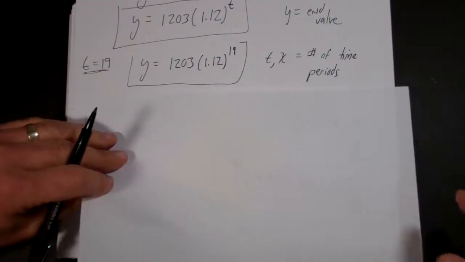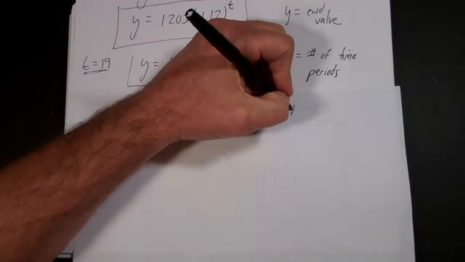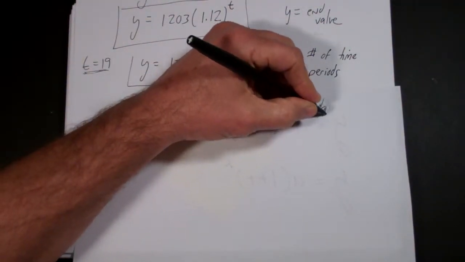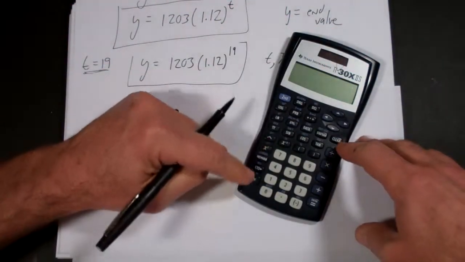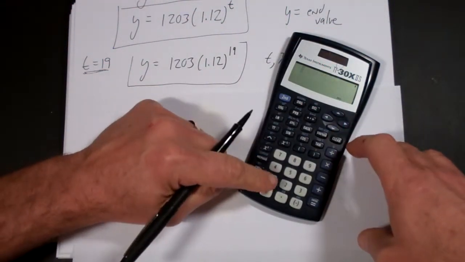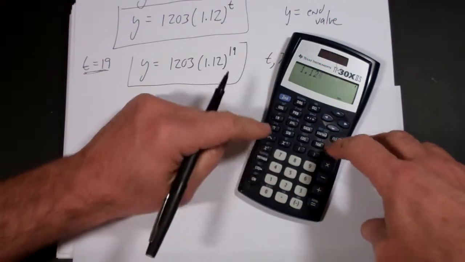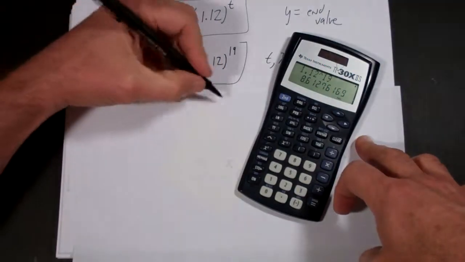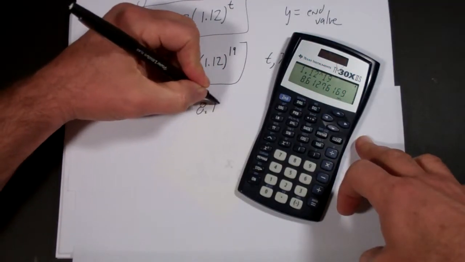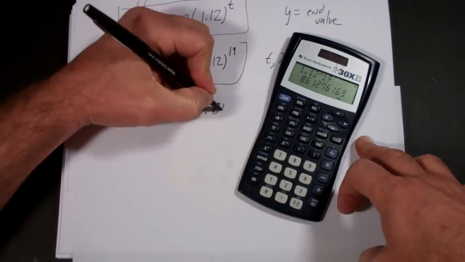And now you're going to want to evaluate that in your calculator, so let's do that next. Here you have to, again, remember your PEMDAS rules, right? Please excuse my dear Aunt Sally. So you're going to do the exponent first. So in your calculator, you're going to do 1.12 raised to the 19th. That's about 8.613.